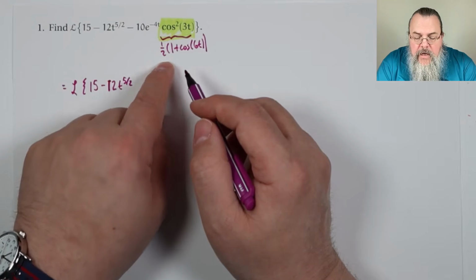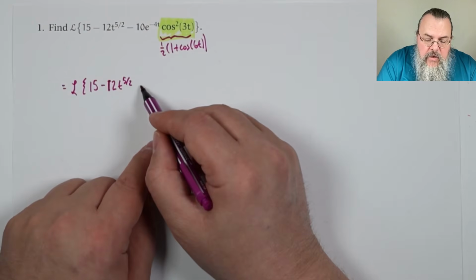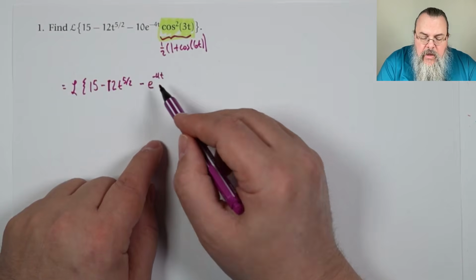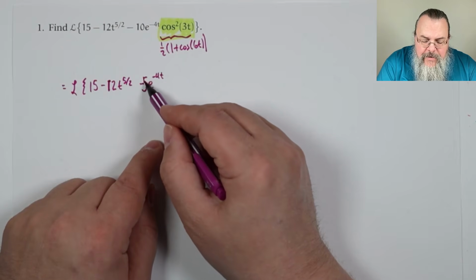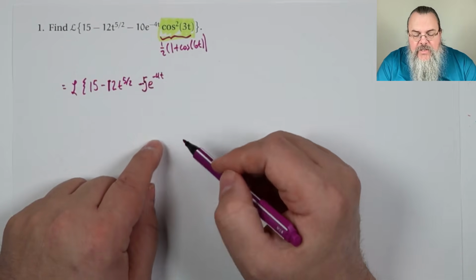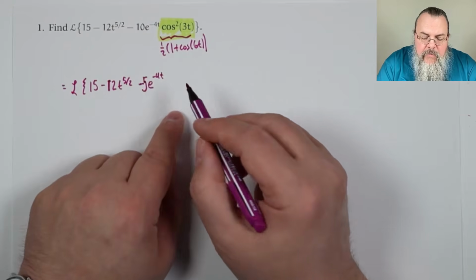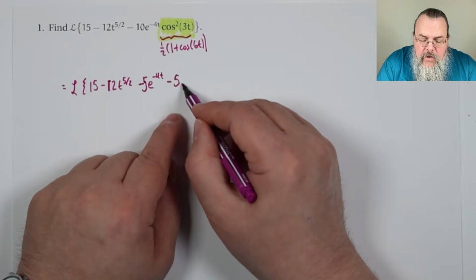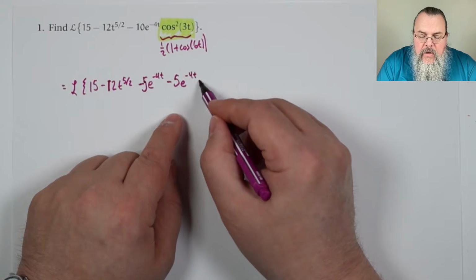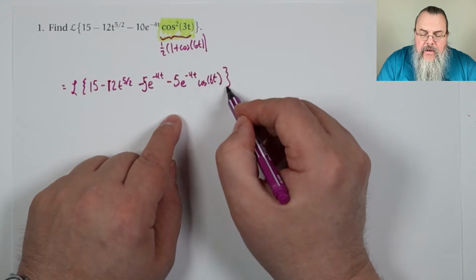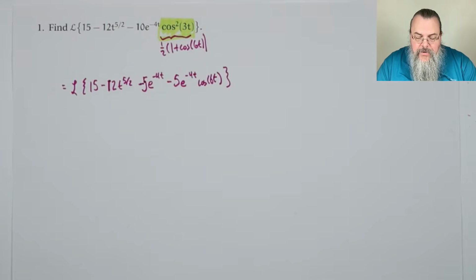And so we have 5 e to the minus 4t, so minus 5 e to the minus 4t. Don't forget the 5, even after I just said it. And then, of course, 10 and a half, again 5, and again there's a minus. Minus 5, and don't forget the e to the minus 4t again. Cosine 6t. All right, so there we go.